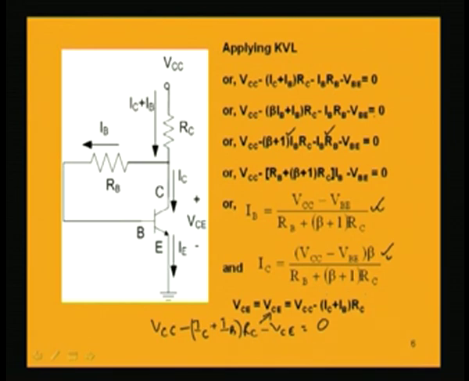Likewise, as we have seen earlier in the emitter bias configuration, if we can make the value of RB very small in comparison with the other term in the denominator, that is (beta plus 1) RC, then we can write the whole denominator as (beta plus 1) RC.